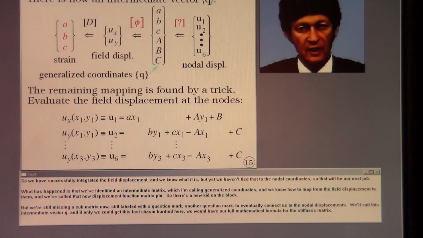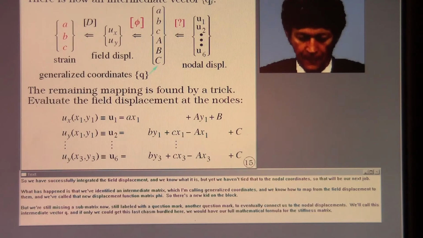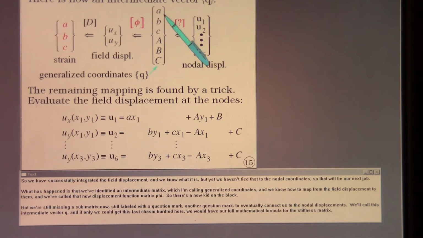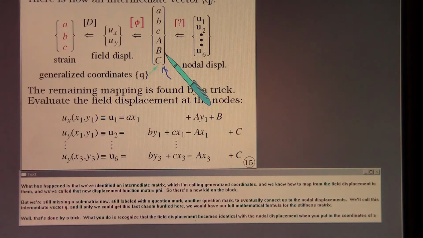So we have successfully integrated the field displacement, and we know what it is, but yet we haven't tied that to the nodal coordinates, so that will be our next job. What has happened is that we've identified an intermediate matrix, which I'm calling generalized coordinates, and we know how to map from the field displacement to them, and we've called that new displacement function matrix phi.